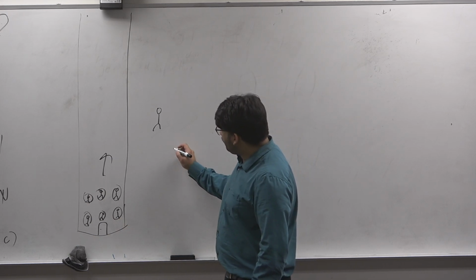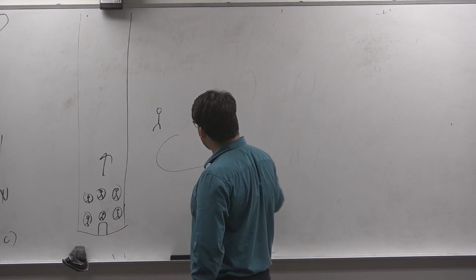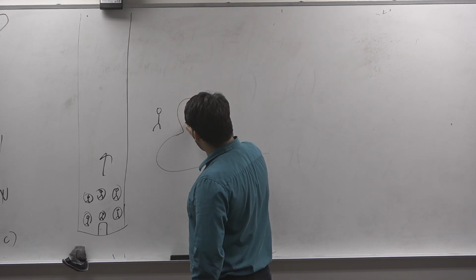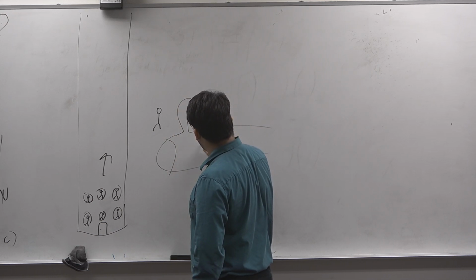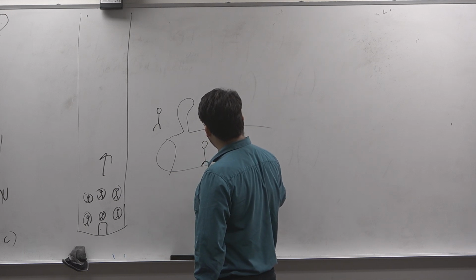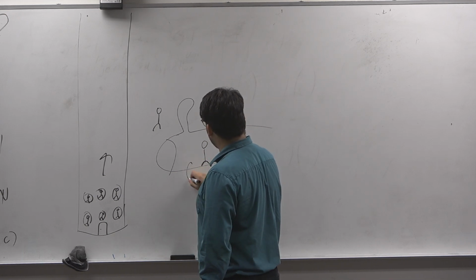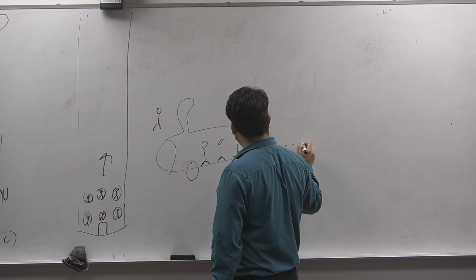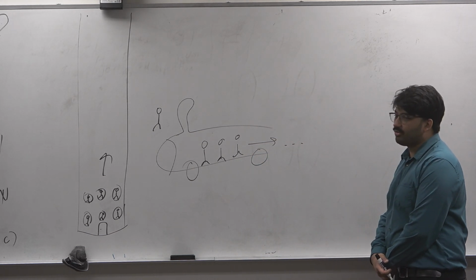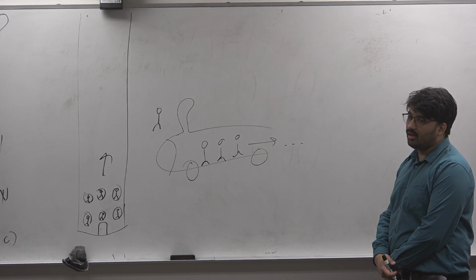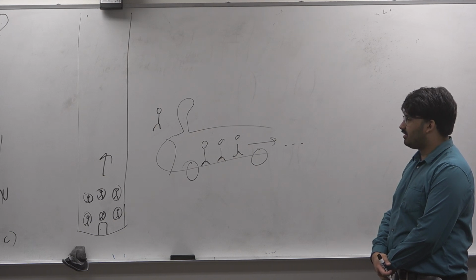Fine. The next thing is that a countably infinitely long bus of countably infinitely many passengers arrives. Right? And they say, we're here for a conference, we would like to be accommodated into the hotel.